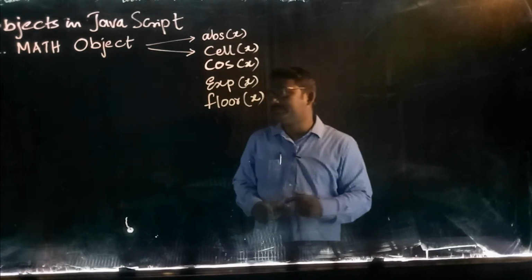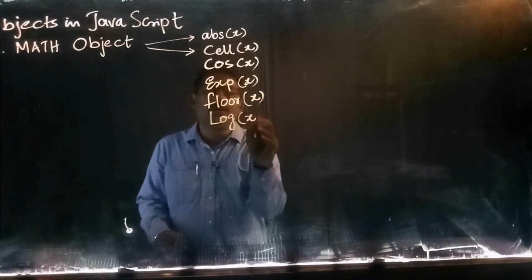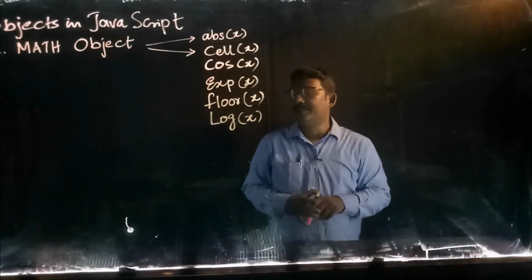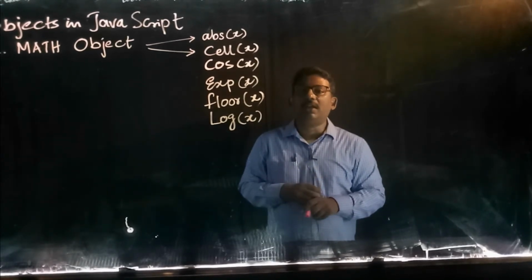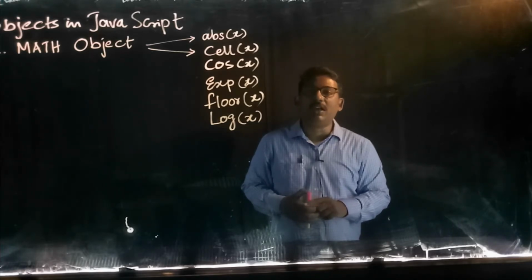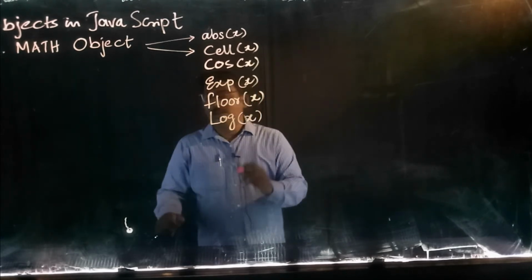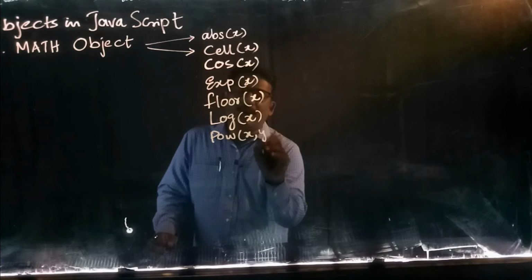Then comes log of x. It will give the natural logarithm of the x value, base e. Then pow x comma y.